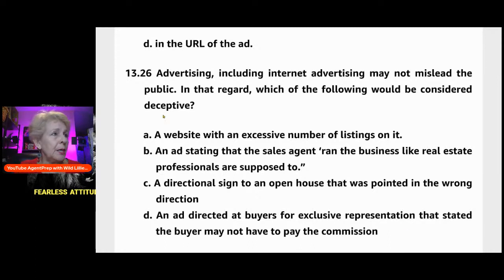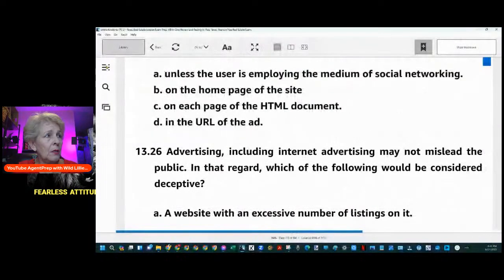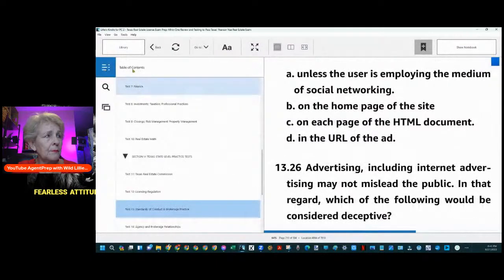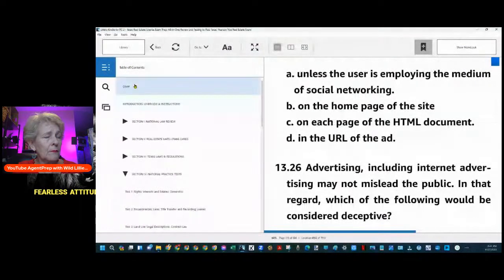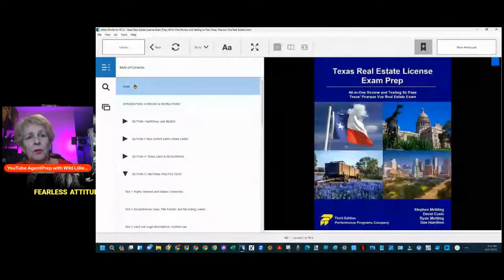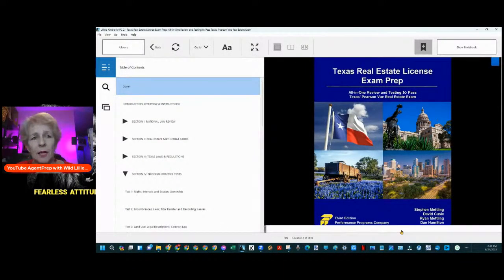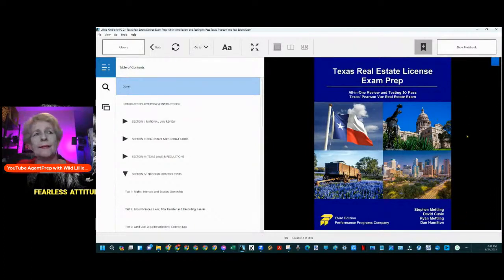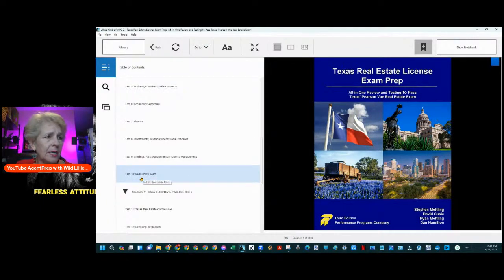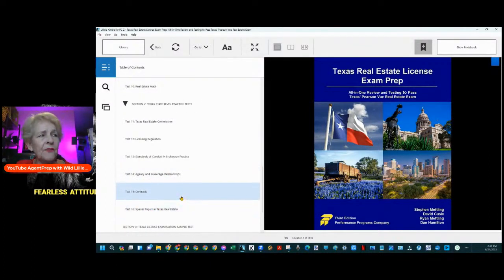And for anyone that just came in later, and if you've never attended before, the book that I am using is this blue book by Stephen Metling and his son, Ryan Metling, and 2 other authors, Cusick and Hamilton, Texas Real Estate License Exam. It's called All-in-One Review and Testing. It includes the answers to all the questions. It has 10 exams or tests for national and 6 of them for state.